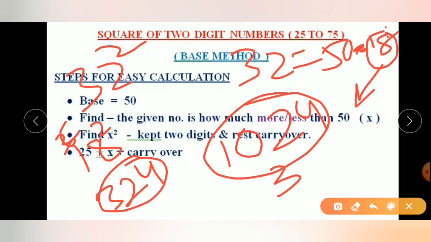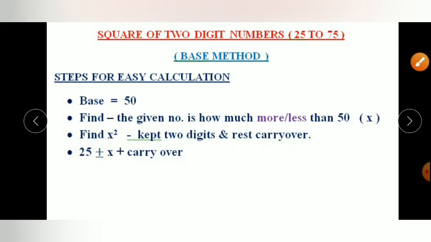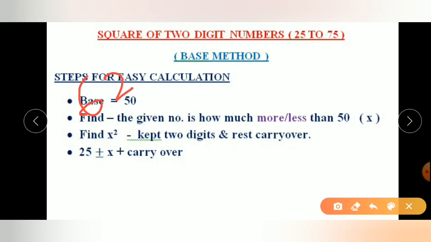The next method is the formula method, which was already discussed in the last class. Once again we should discuss it. Square of 62. In that case what happens? First you have to square the unit digit. Here the unit digit is 2, so you have to place 3 places.